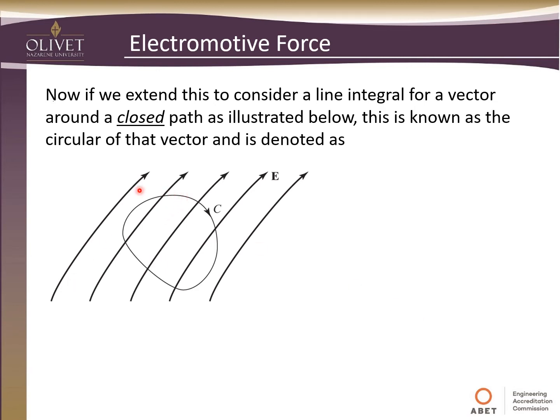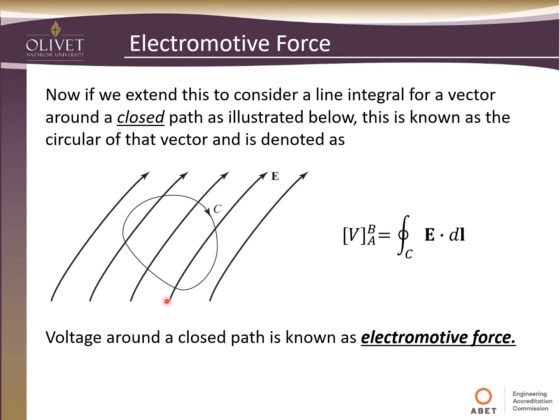So again, we've got this E field coming across this space, and now we could just pick an arbitrary point here where my pointer is and say, what's it going to take to move the charge all the way around and bring it back to the same place? And so we denote that then with this integral with a little circle around it. Maybe you've seen that, and we put the little C at the bottom. So this means we're integrating around the entire contour, or around the entire closed path.